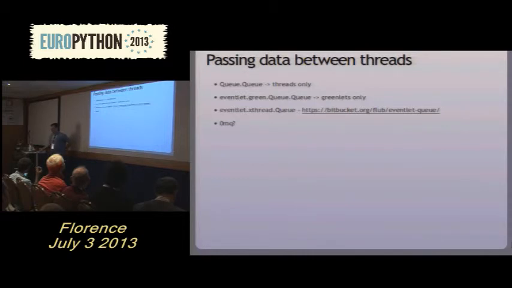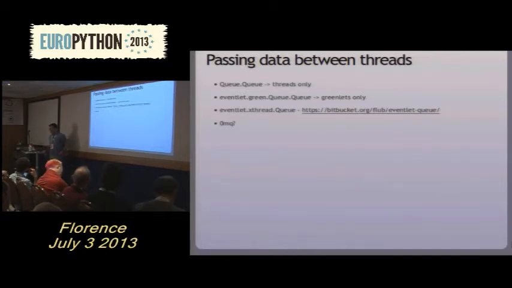So one solution that we're currently working on as well is this cross-thread module, which gives you basically locks and all those things, but essentially the thing you really care about is a queue that can safely pass data from one thread, whether it is in a running Eventlet hub or not, to another thread.